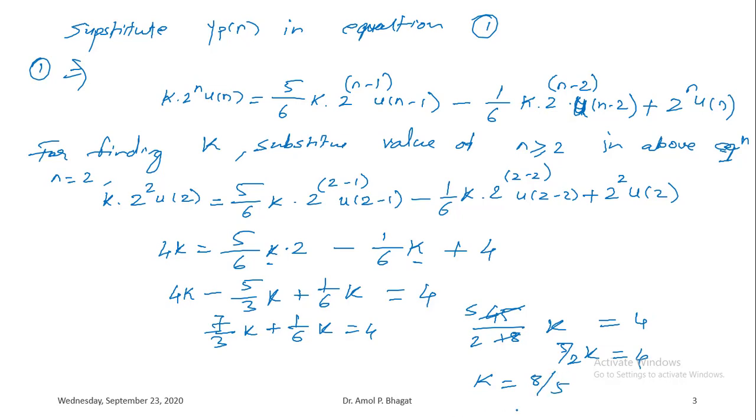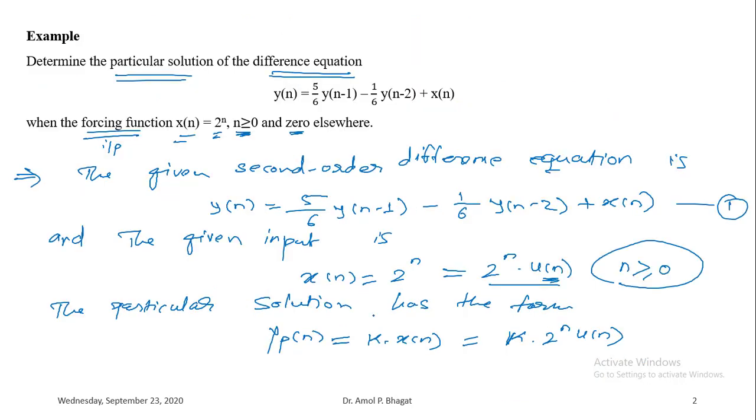So the value of k will be 8 by 5, and I have to substitute this 8 by 5 in the particular solution to get the final particular solution.